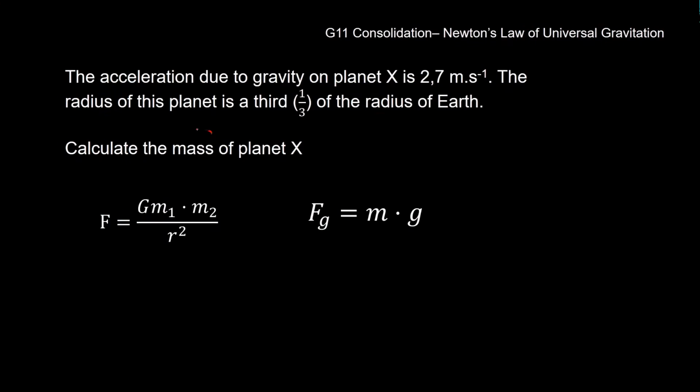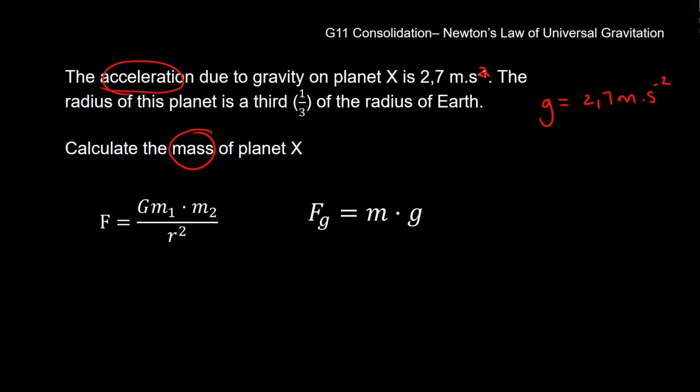The next question now is asking us to calculate the mass of this planet X. Okay, so before we get confused, let's write down everything that we know. So they're telling us that the gravitational acceleration, so the acceleration due to gravity, for this particular planet is 2.7 meters per second squared.